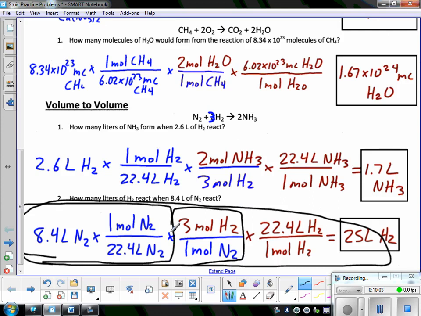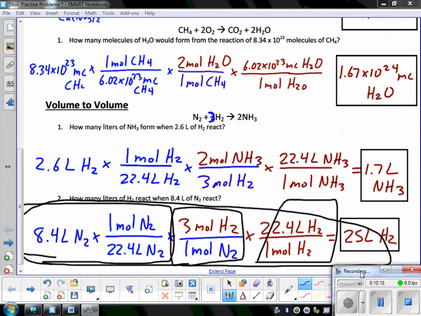Then it makes you do the mole-to-mole calculation that you've been doing in the first assignment in this unit, and then it makes you do another conversion. So it makes you do these 3 separate steps, finding answers each time, and that might be a little clearer or easier for you if this process seemed a little bit confusing.